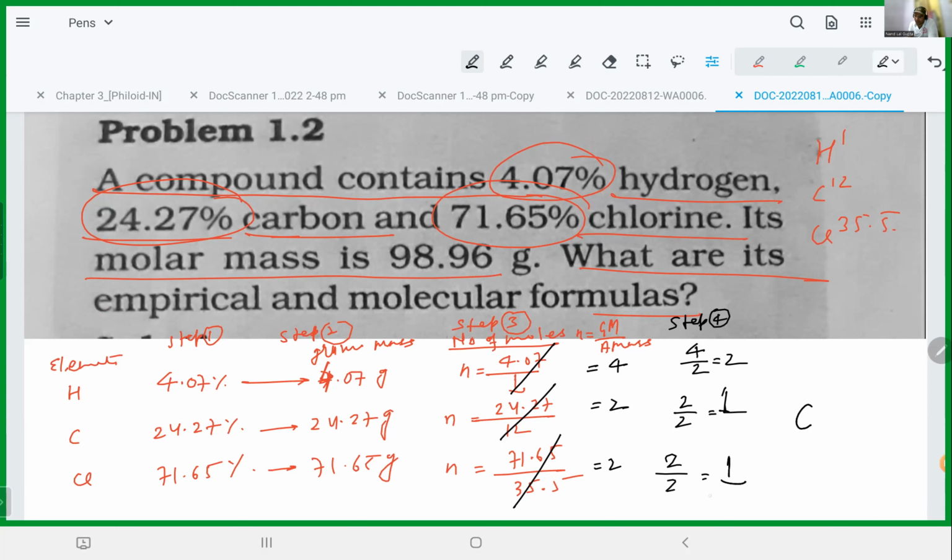Carbon is 1, hydrogen is 2, and chlorine is 1. So you can write CH2Cl. This is the empirical formula. Can you understand this one?